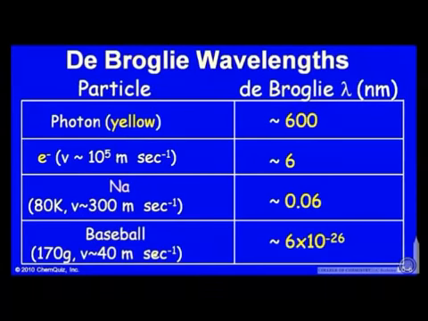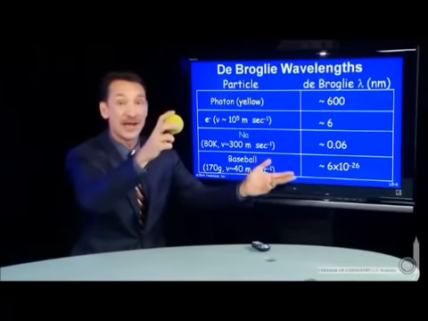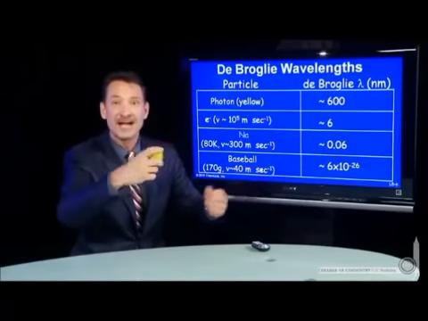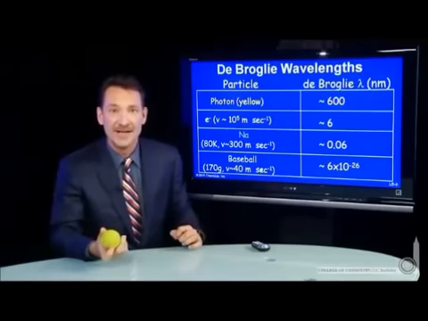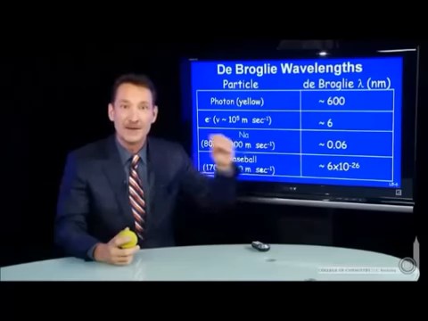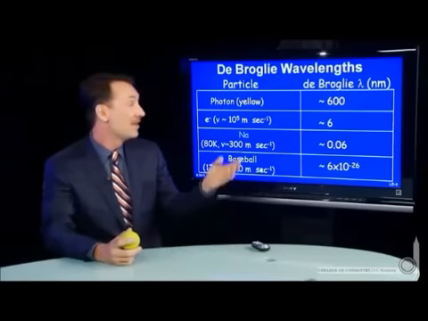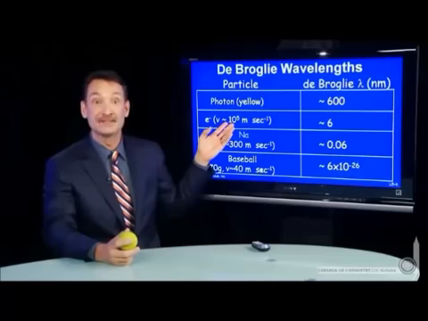And that's why, if you take a macroscopic object, if I take this tennis ball and I throw it, I give it a velocity, I don't notice a wavelength. And you don't notice a wavelength because the wavelength is vanishingly small. In order for the wave-like properties of matter to manifest itself, the matter must be very tiny.